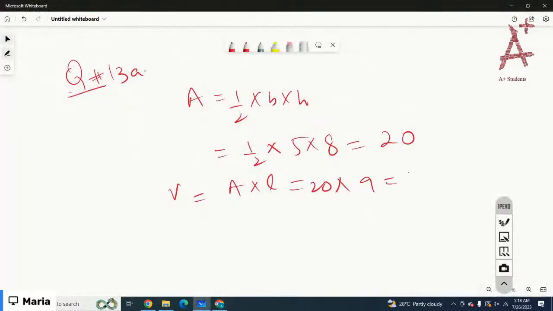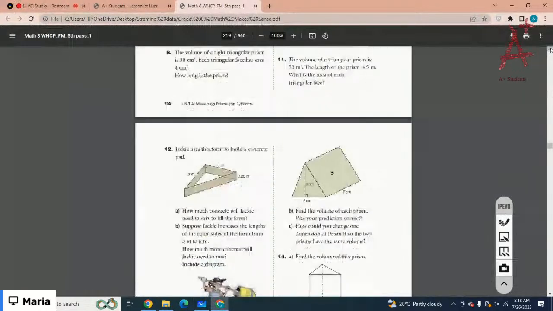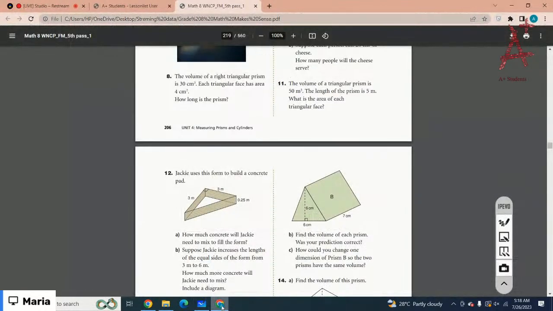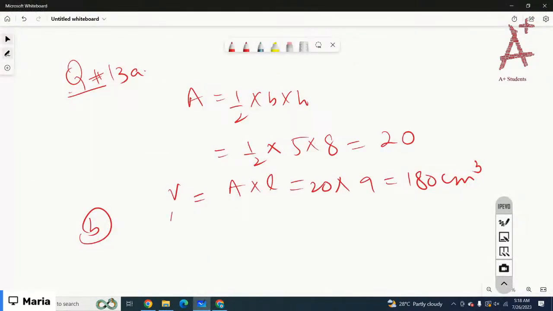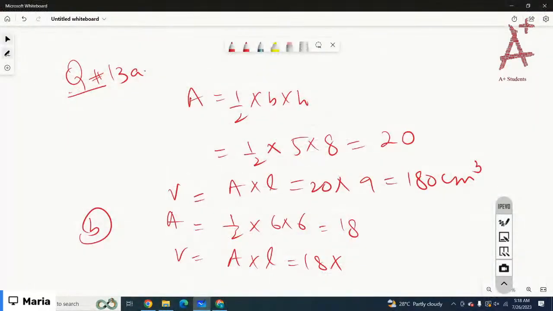That would be 180 centimeter cube. Got it? Same way, I'm going to calculate the volume of B. It is 6 times 6 over 2. The area of the base is 6 times 6, 36 over 2. That would be 18. Then volume equals A times L, that would be 18 times L, which is 7. 18 times 7 is 126 centimeter cube.